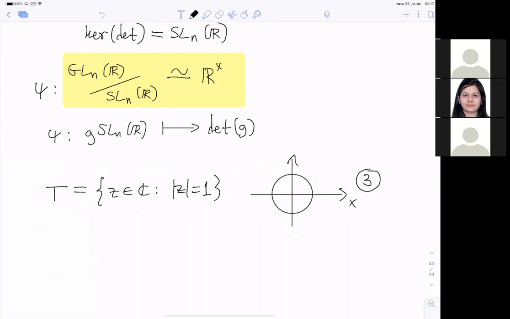So this is our T. In other words, we can write it as cis theta, where theta can be anything.